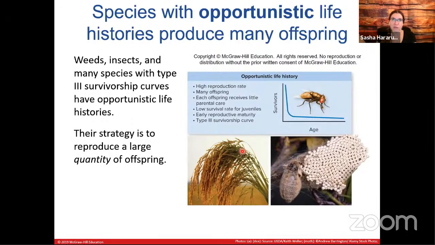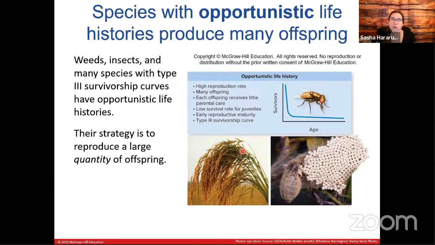Type 1 is characteristic of species that look after their young and have very few offspring. They don't reproduce very often. The type 1 survivorship curve characterizes populations where most of the young survive, and the population starts dropping off when individuals reach older age. So most individuals within a population die from old age. This is the type 1 curve.